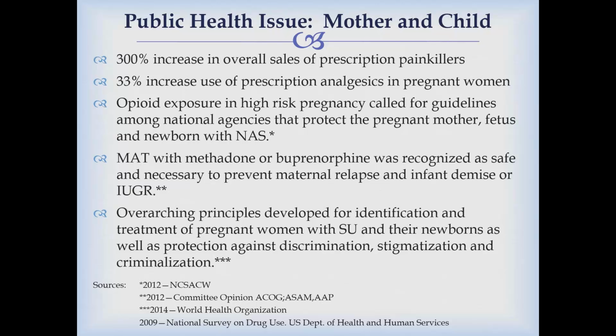There was further discussion that medication-assisted treatment with methadone or buprenorphine is safe and necessary to prevent maternal relapse during her pregnancy and infant demise or severe IUGR, intrauterine growth restriction. This policy statement came from the committee's opinions of the American Academy of OBGYN, the American Society for Addiction Medicine, and the American Academy of Pediatrics.